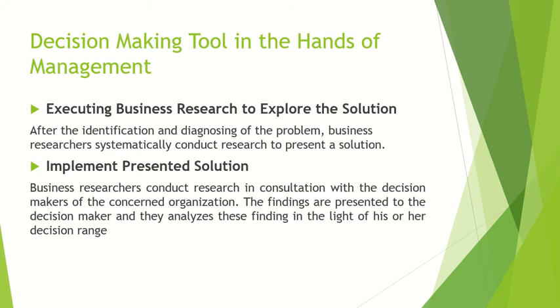When researchers have a number of reasons and solutions, they select a few of them which could be workable. Then researchers discuss these reasons and present different solutions with the decision maker who actually takes decisions for the company.